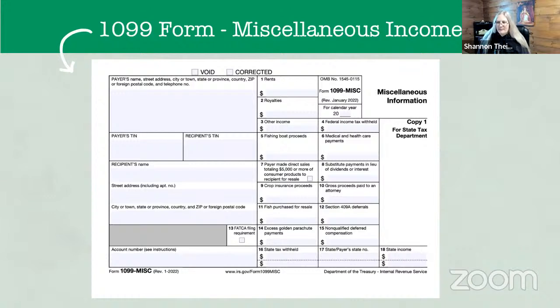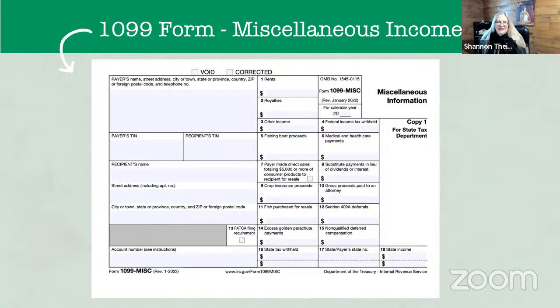I check that box. And if that is the only transaction that I had with that business, you fill out the payer information with your information, the recipient information with the information for the boutique, and check box 7. And I'm sure there was a reason that they put it on both the miscellaneous and the NEC, but I'm not sure as to what that reason is.